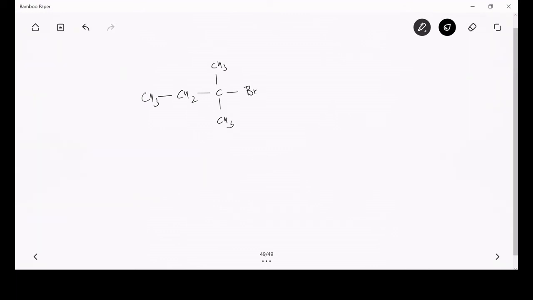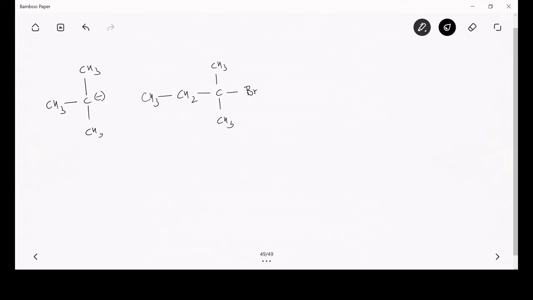This one. And the base that I am choosing is very bulky. So I will choose something like this, a bulky base.